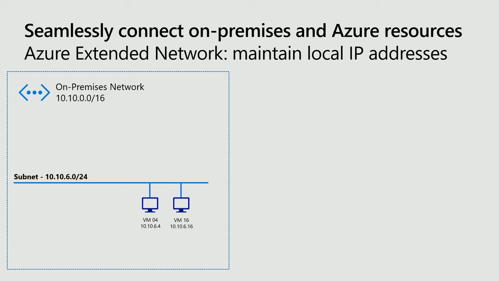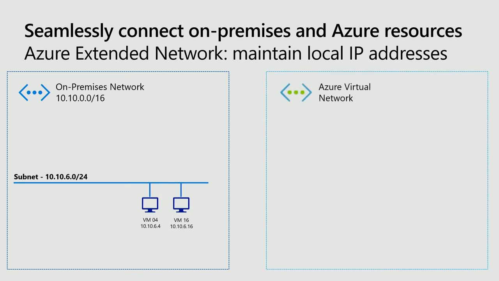We don't want that. So what we have now is with Azure Extended Network, you can maintain your local IP address. You're essentially taking your VM and moving it into the cloud, and it becomes an Azure VM. But again, it's on a different network. We don't want you to break this. We don't want to have an app compat problem.